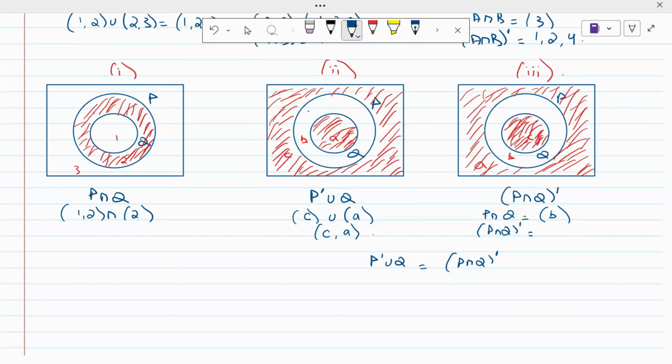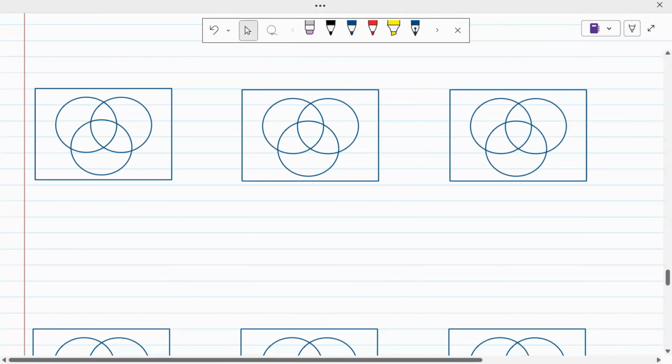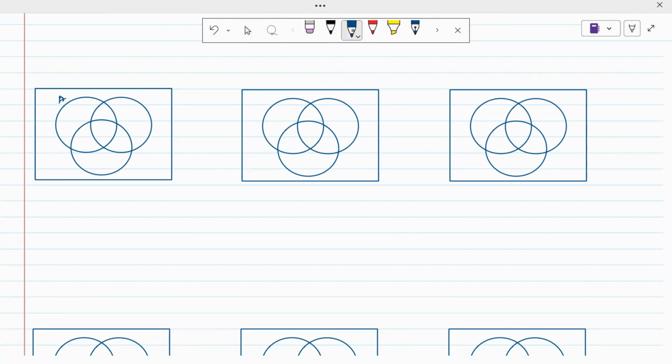Given. Another type of question we can expect is dealing with three sets and shading them. So let's call these sets A, B, and C. I'm just randomly picking a few cases here.